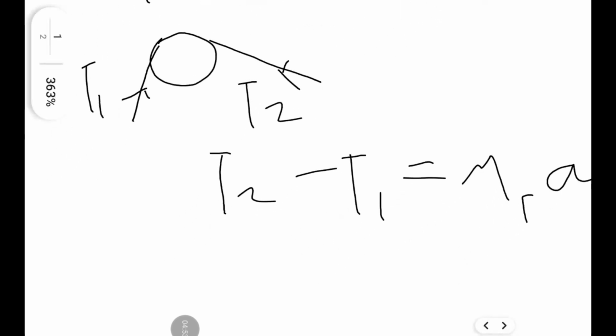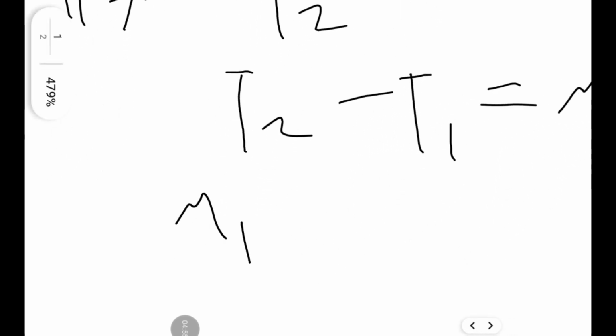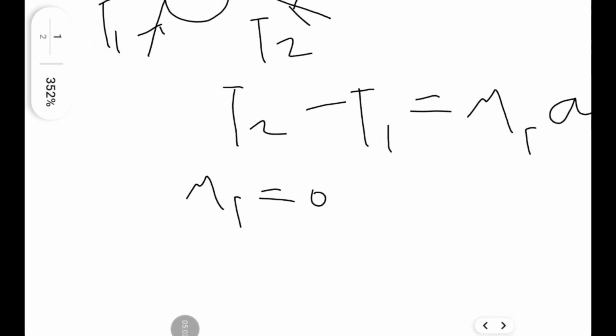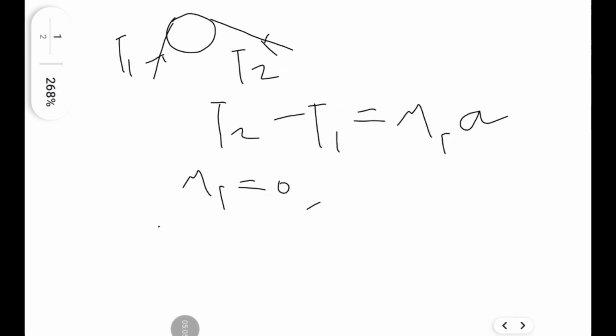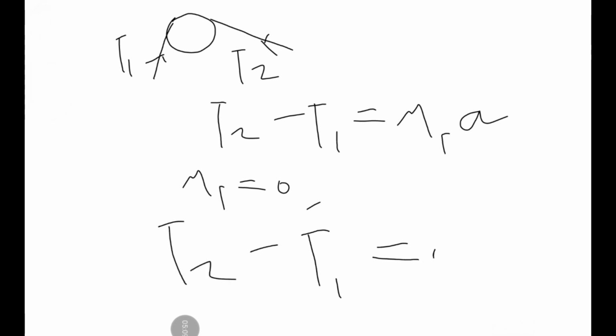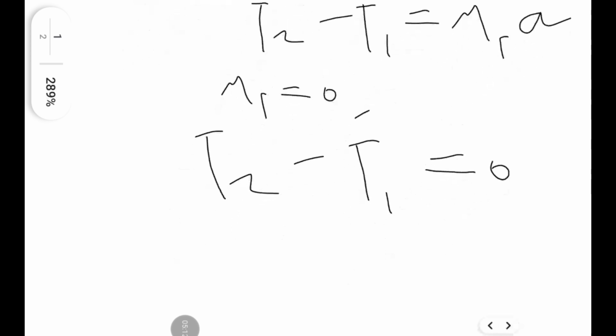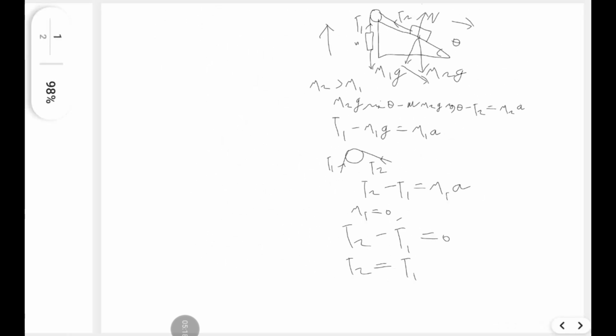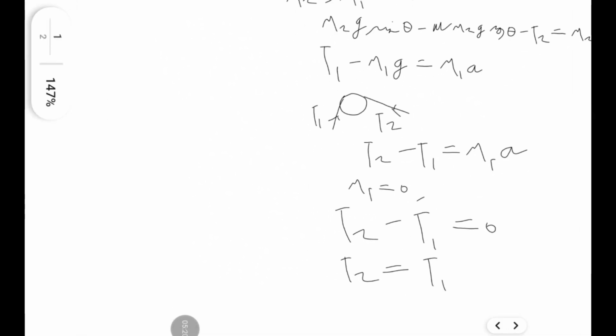Because mass R is equal to 0, we assume that tension 2 minus tension 1 is equal to 0, and therefore T2 equals T1. So we can just call it tension; we don't have to call it anything different. We can just literally call it T. Let's go to another part of the page.